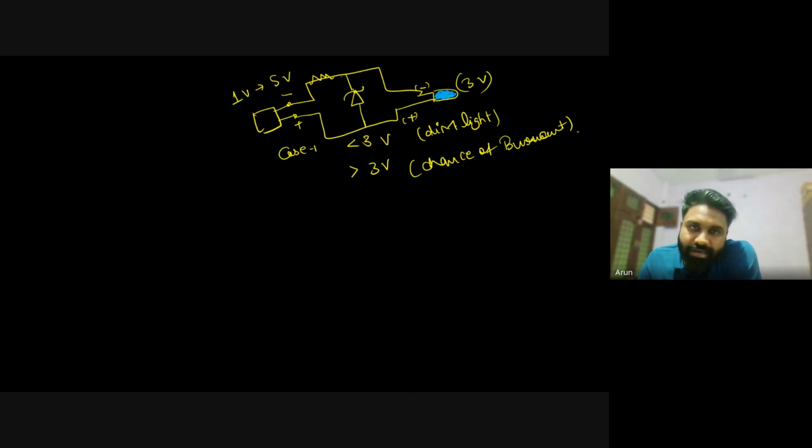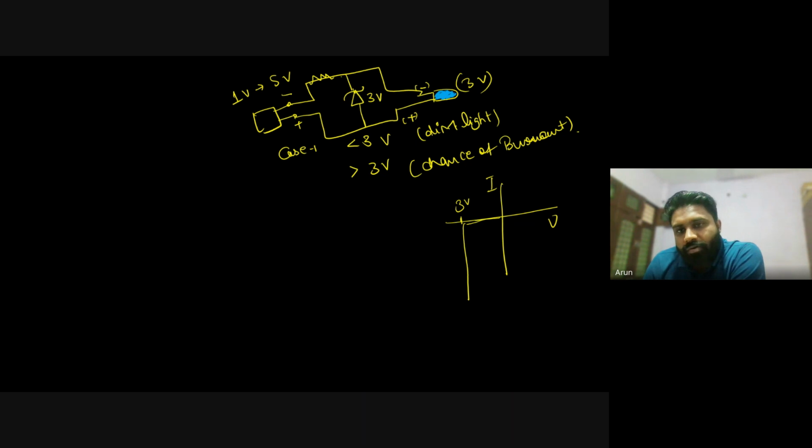So the reverse breakdown voltage of this Zener diode is 3 volt, let's say. According to its IV characteristic, at 3 volt the current will shoot up, but before that the value of current is very low. So the total current will be supplied to the LED.